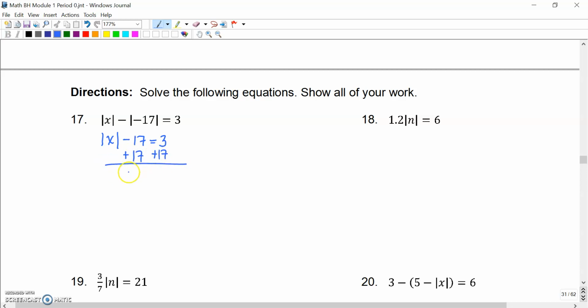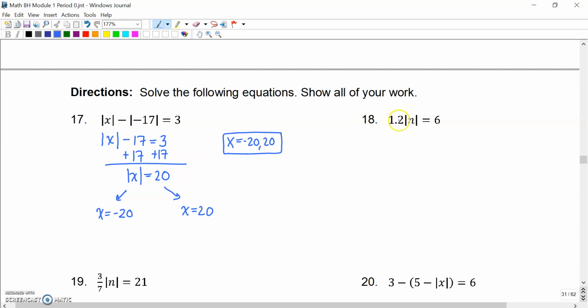I still haven't dropped the bars. And now the question is, I'm looking for 2 numbers that are 20 units away from 0. And I split this into 2 equations, one to the left, one to the right. And that's my answer. Or I can clean it up and just put negative 20, comma 20. You can also do the plus or minus.